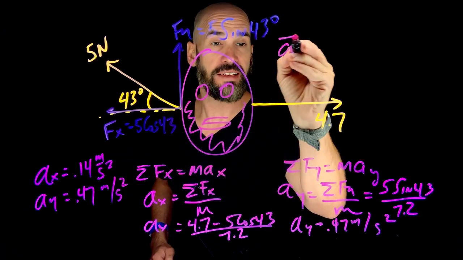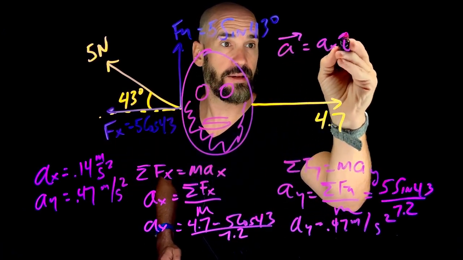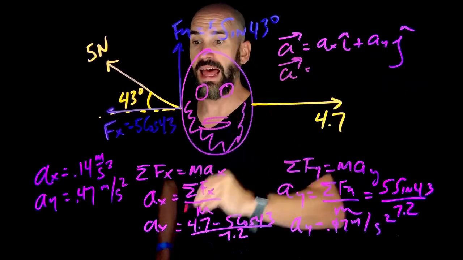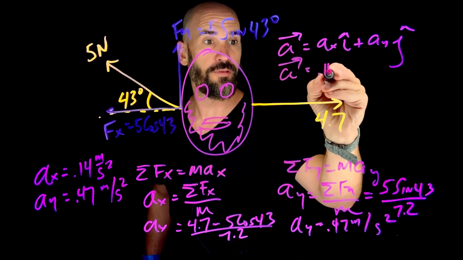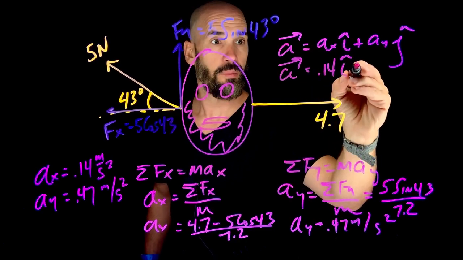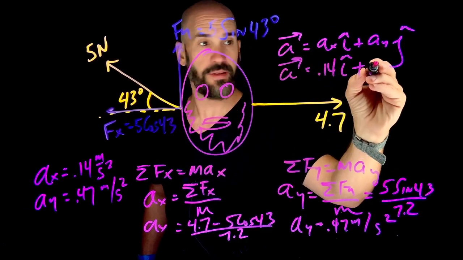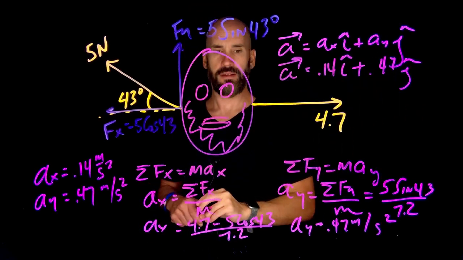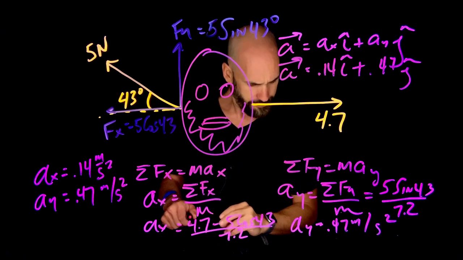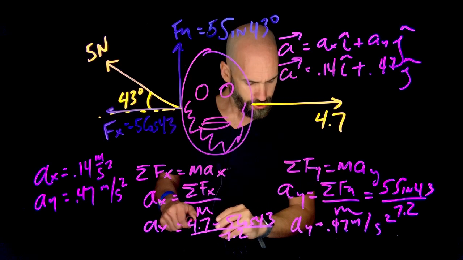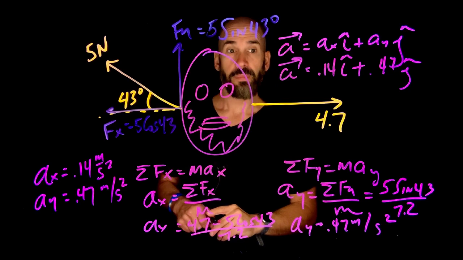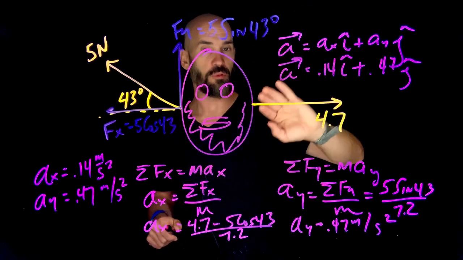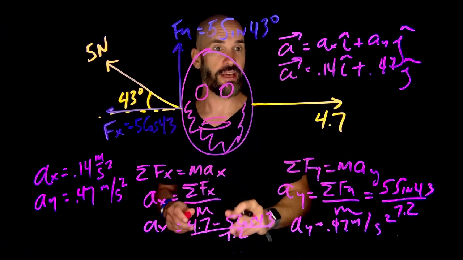My acceleration is just a_x i plus a_y j. So the acceleration vector of my head is 0.14 i plus 0.47 j. In other words, my head's going to accelerate somewhere in that direction. We're going to find out what that direction is in a second.